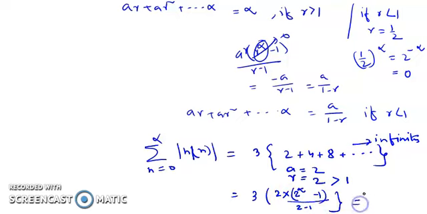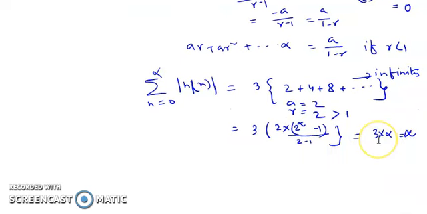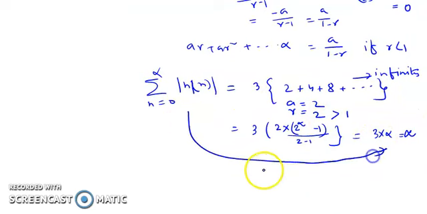Since 2 to the power infinity is infinity, the whole term will be 3 into infinity, means infinity. So since this is equal to infinity, it is an unstable system, because the sum of the impulse response is infinity, that is why the system will be unstable.